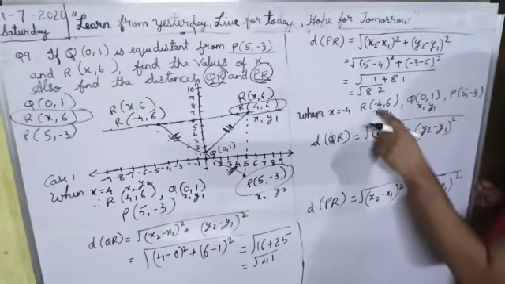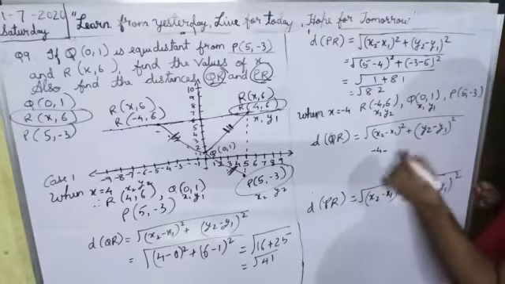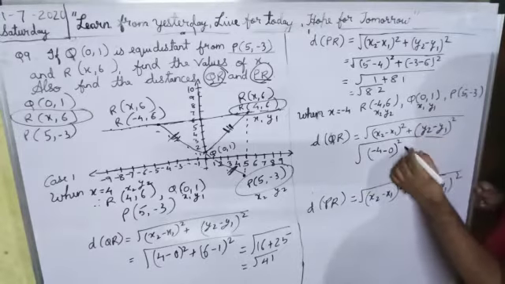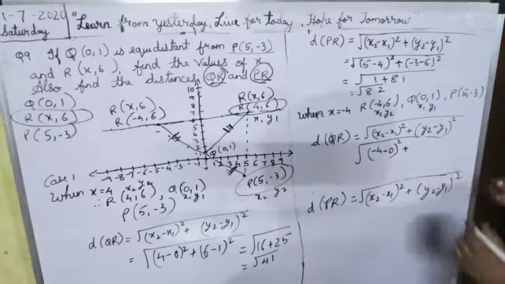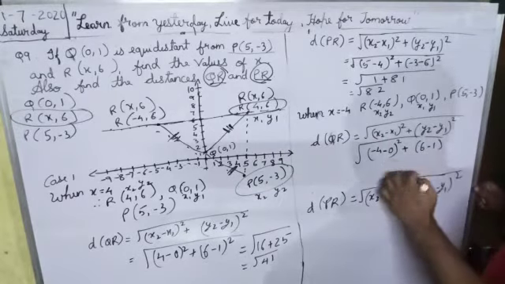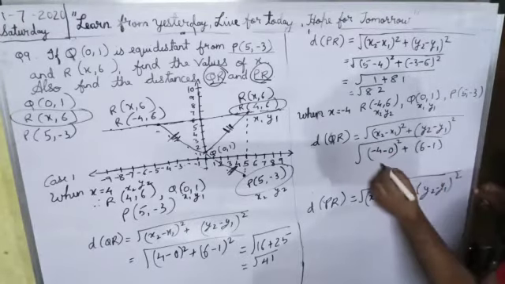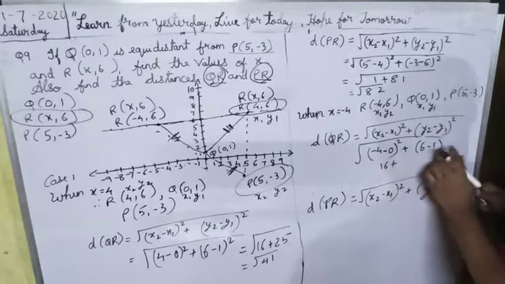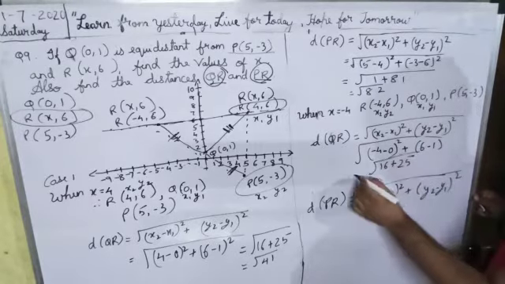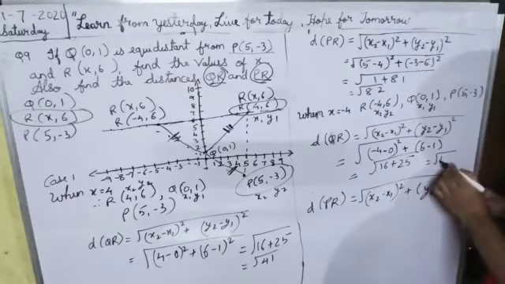So x2 is minus 4, so minus 4 minus x1, x1 is 0, square, plus y2 is 6 minus y1 is 1. Now minus 4 minus 0 is minus 4 only, so minus 4 square is 16. 16 plus 6 minus 1 is 5, 25. So it's under root of 41.